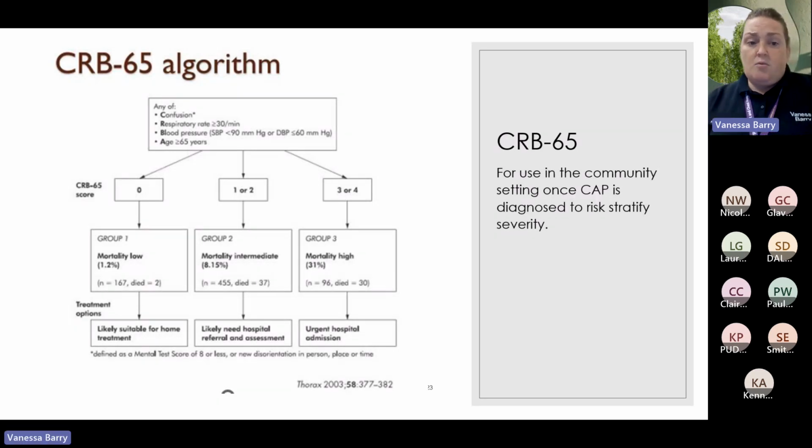So again, from the CRB-65, slightly different because we're missing urea, but essentially the rest are the same and it's a similar situation. Looking at 1 to 2, that's the only difference. 1 to 2 in this are likely needing hospital admission. But again, they can be discussed on a case by case basis.